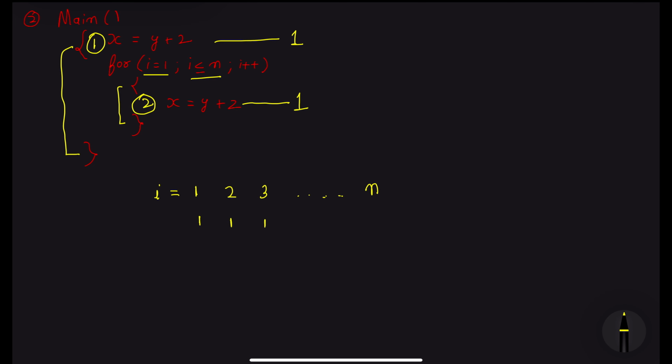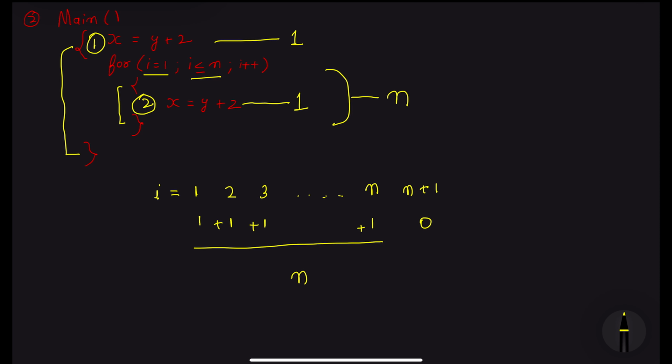So for the nth time, it will also run one time, but when the value becomes n plus 1, the loop will terminate, and the second statement will run 0 times. If we sum all these values, it will be 1 plus 1 plus 1 up till it runs n times, so the total will be n. So inside the loop, the second statement will run a total of n times.